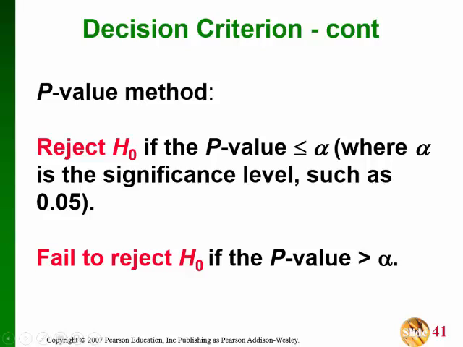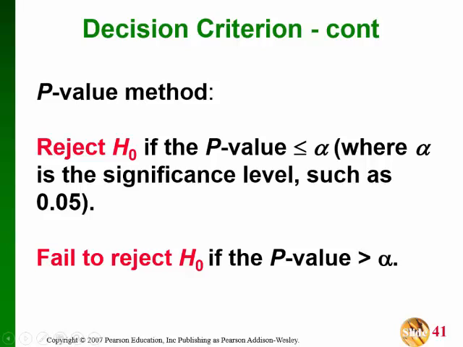So here's the story. If the p-value is less than or equal to alpha, then you reject the null hypothesis. If our p-value is really small, then you're going to reject the null hypothesis. If our p-value is big, now p is a probability value. It's a probability, so it has to be between 0 and 1. So when I say big, that's relative, right?